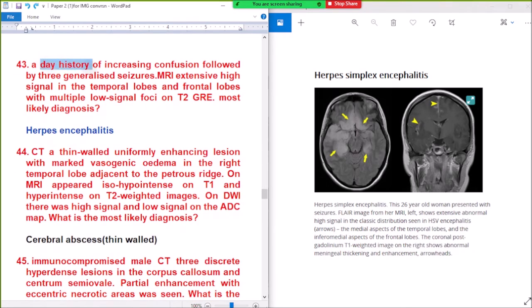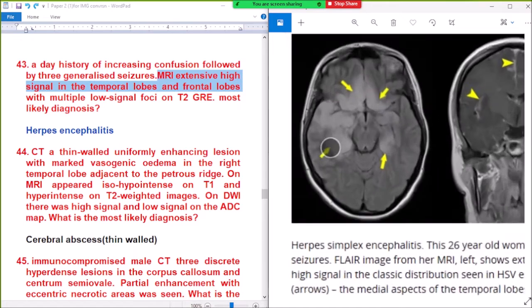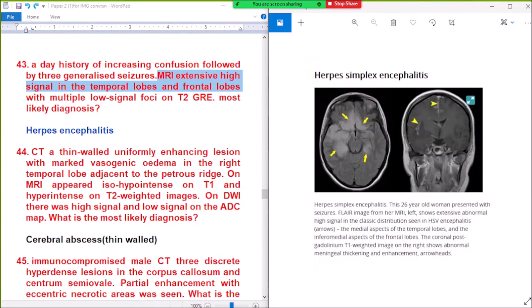Question 43. A history of increasing confusion followed by three generalized seizures. MRI shows extensive high signal in the temporal lobes and frontal lobes, with multiple low signal foci on T2-GRE. Diagnosis: herpes encephalitis.